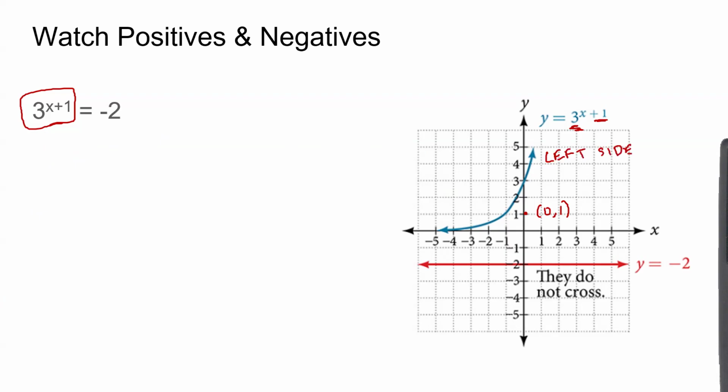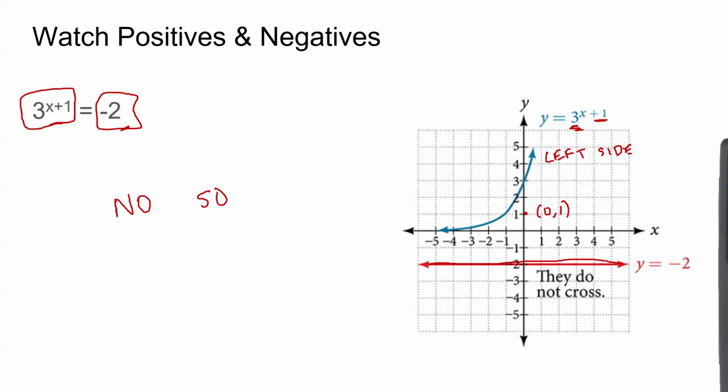Meanwhile, on the right-hand side, this -2, if I graph that, I get this line down here. And we're looking for a point that lies on both of those lines, a point that satisfies the entire equation here. You can see that the blue line never gets down to the red line. They do not cross. There is no solution.